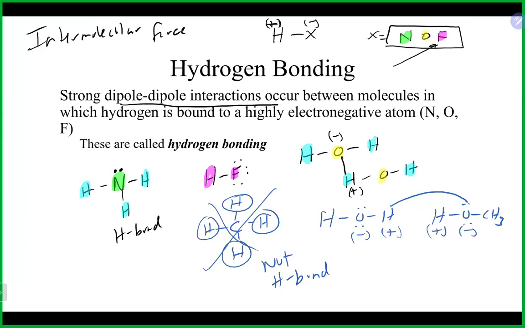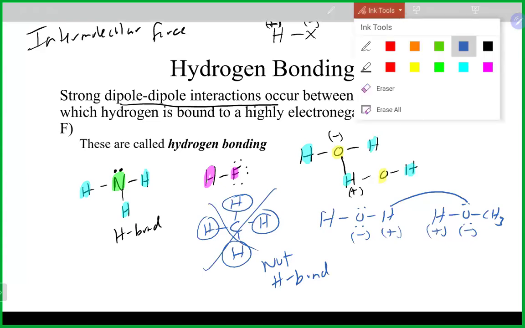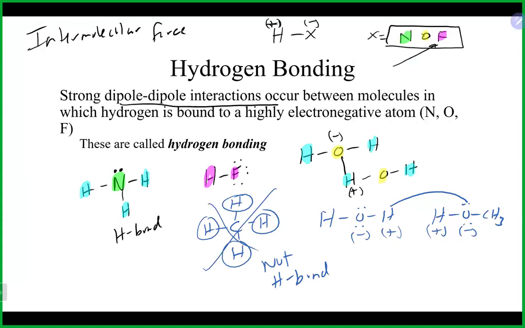The carbon-hydrogen bond there is nonpolar, and these hydrogens here are not attached to a nitrogen, oxygen, or fluorine. Sometimes people think all you need is a hydrogen to be present in order for it to be able to hydrogen bond. But it does need to be a hydrogen that is directly connected to either a nitrogen, oxygen, or fluorine to have the ability to hydrogen bond.